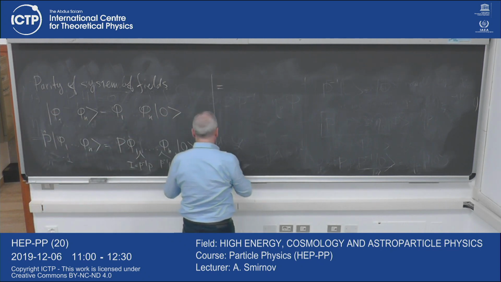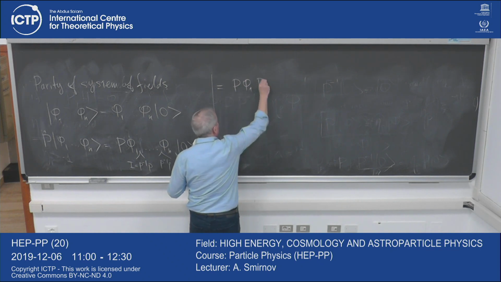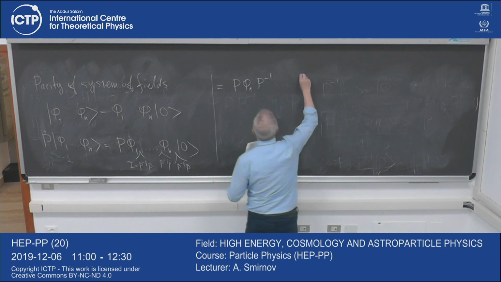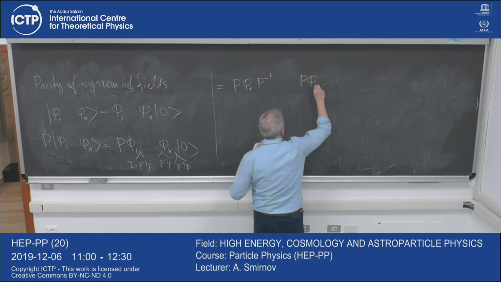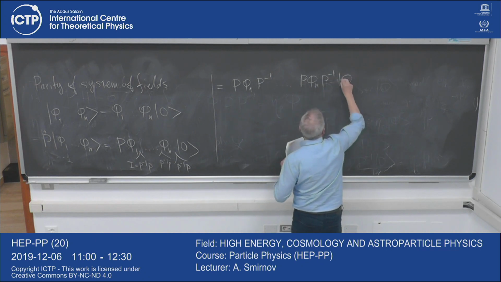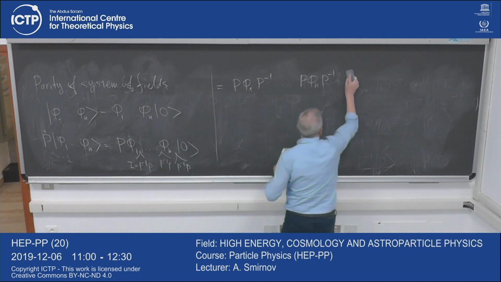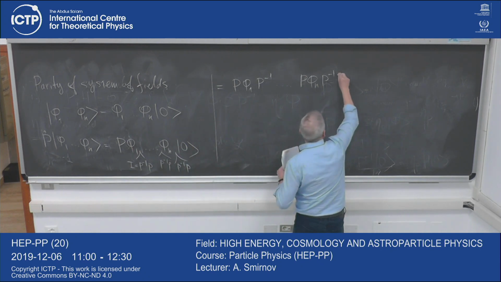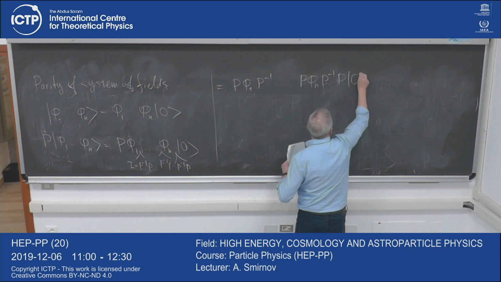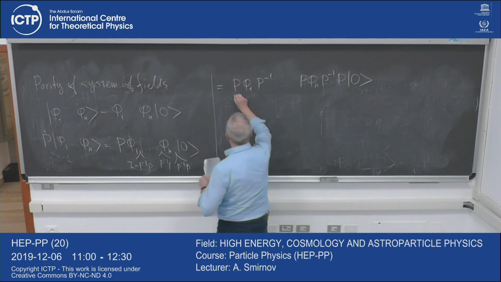So what I will get is P F1 P minus 1, ..., P Fn P minus 1, and P acting on vacuum. Agree?